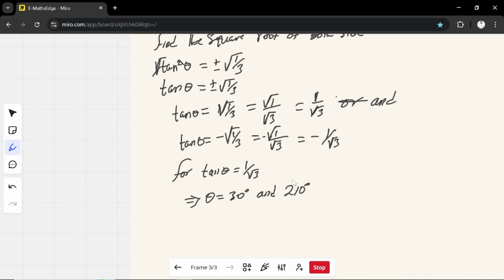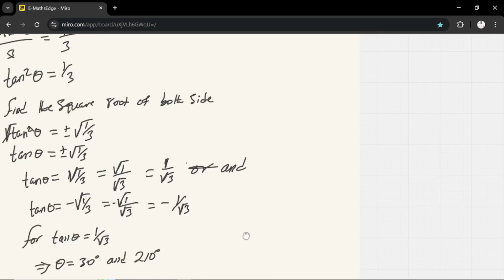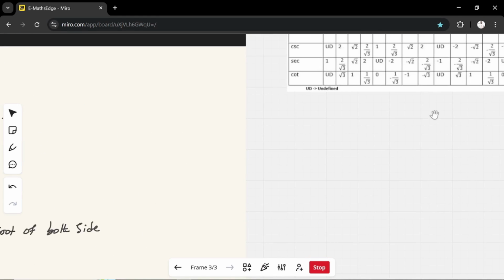So we do the same thing for tan θ equal to negative 1 all over root 3, right? So let's check the trigonometry table to obtain the value such that tan θ is negative 1 all over root 3.